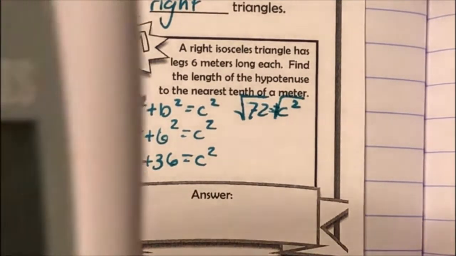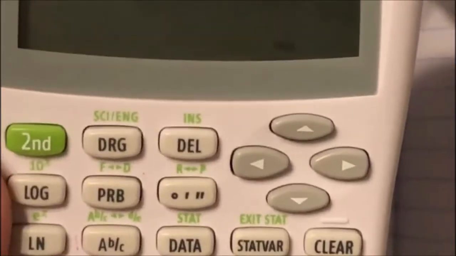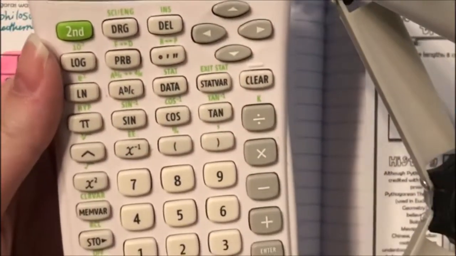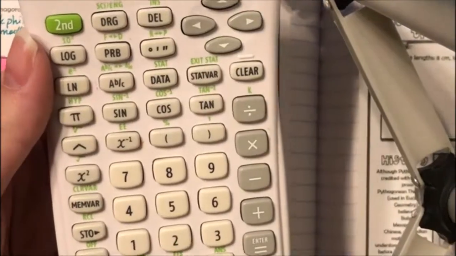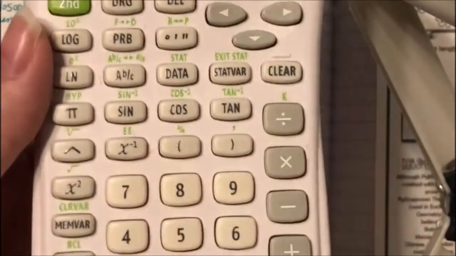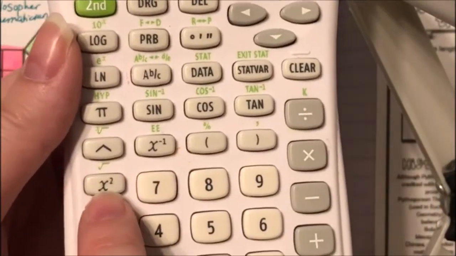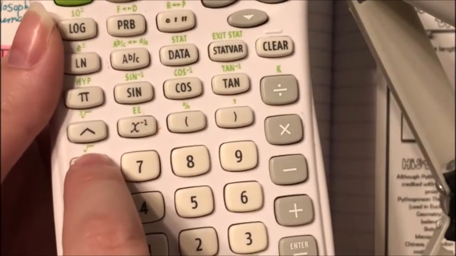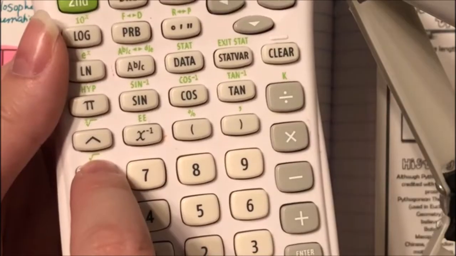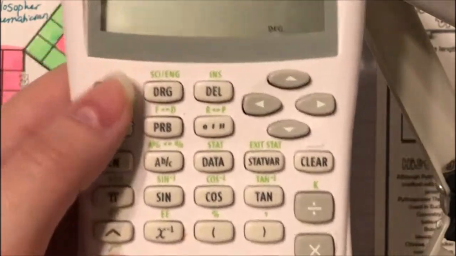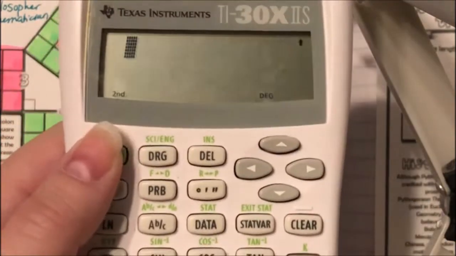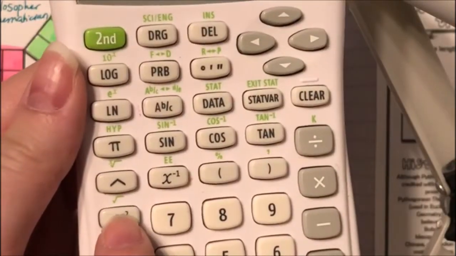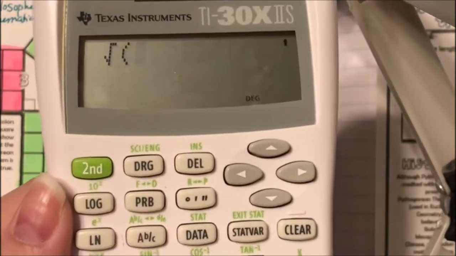Okay, and you can do these on the calculator, so let me show you on the calculator. Okay. So, right here where the square is, there's a little tiny green, in this case my calculator is green, square root. So I'm going to take the green second button, and then I'm going to hit the square button, and it gives me the square root.